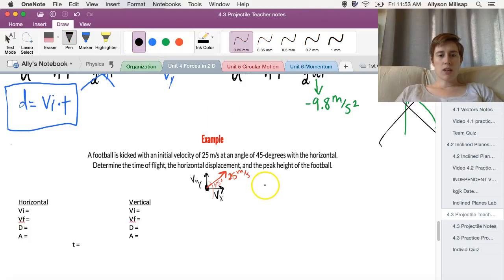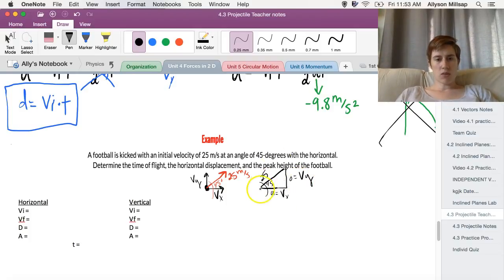If we rearrange this to look like a triangle, this side is 25. This one down here is your adjacent. Adjacent is your horizontal speed. Opposite is your vertical speed. The angle is 45. How can we find opposite and adjacent if we're given the resultant and the angle?